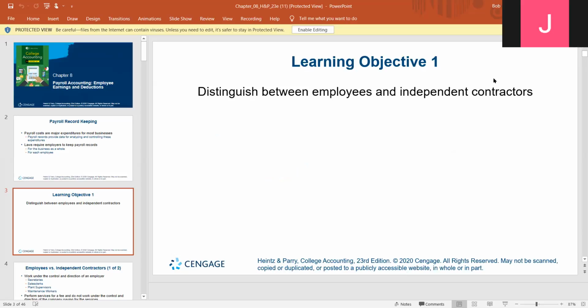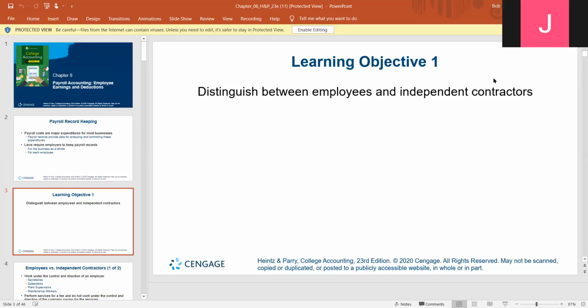An employee is somebody who works for the company under the direction of the company, is told when to come to work, is told when to leave work, is told what to work on, is given the tools to do the job, and is totally under the management of the company. That is an employee, and as an employee, the company must take payroll taxes out of that employee's paycheck, and the employer must also pay its share of payroll taxes.